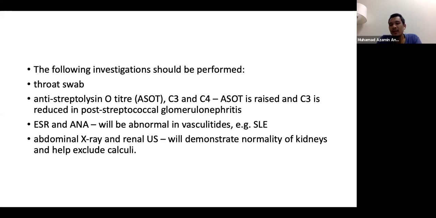My other question is, is it possible that if ASOT is normal, is it a post-strep AGN or not? If ASOT is not raised.